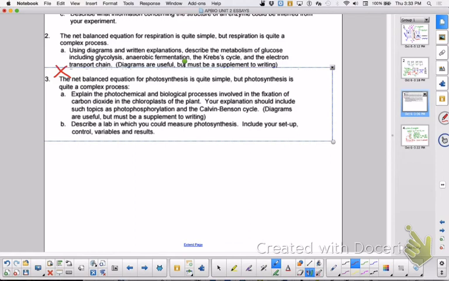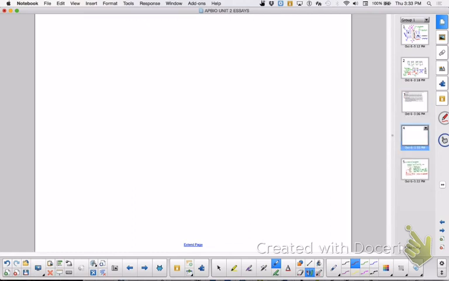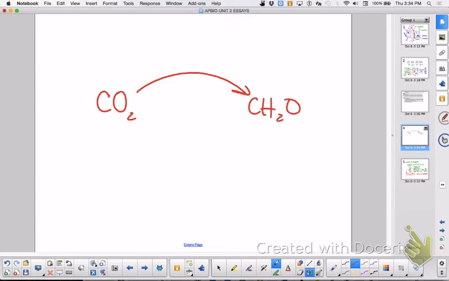Okay, and then I would remind you, when we talk about carbon dioxide going to CH2O, what is that process called? Reduction. It is a reduction. Good. What else?